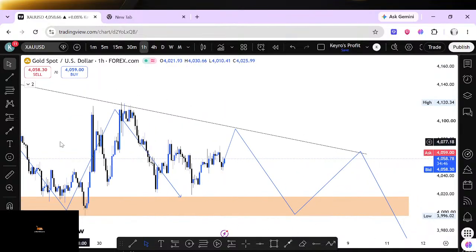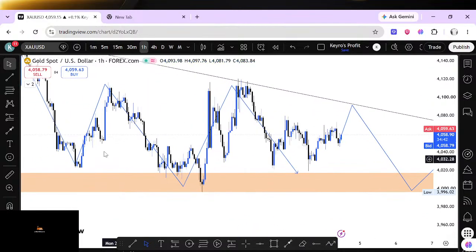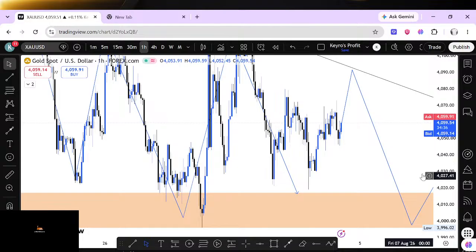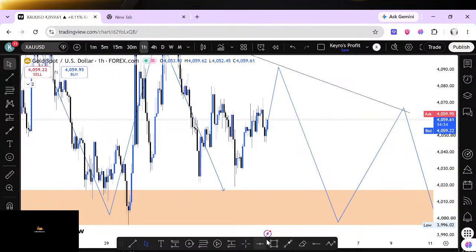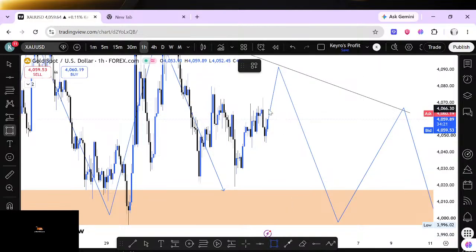You see, for example, there's this movement here, but currently I don't think we have any fair value gap. I think we have one here where the market is currently closing in. You see this zone from here to this zone.